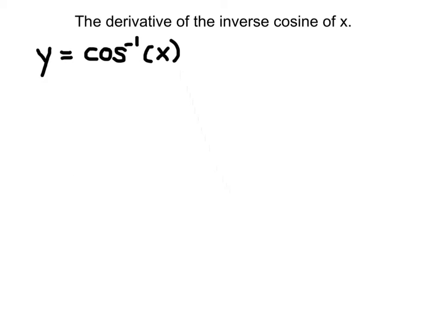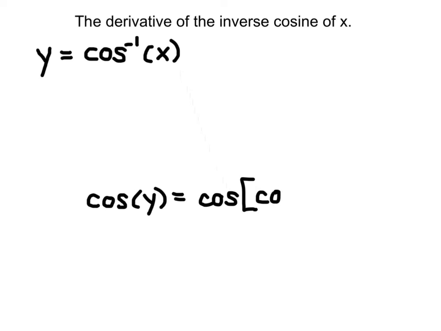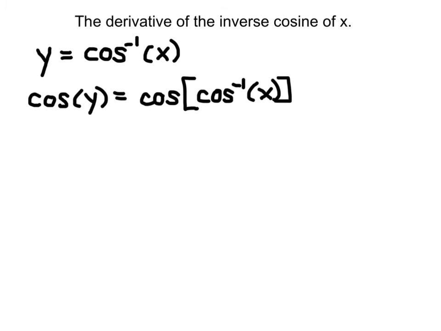What we're going to do here, keeping our equation balanced, is take the cosine of both sides. So we have the cosine of y is equal to the cosine of the inverse cosine of x, the right-hand side.